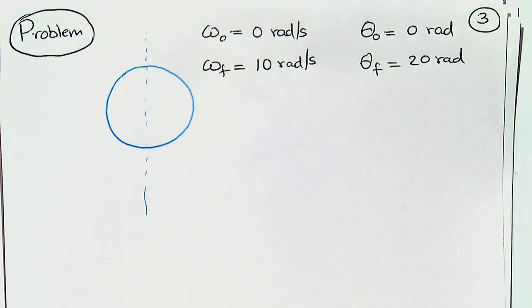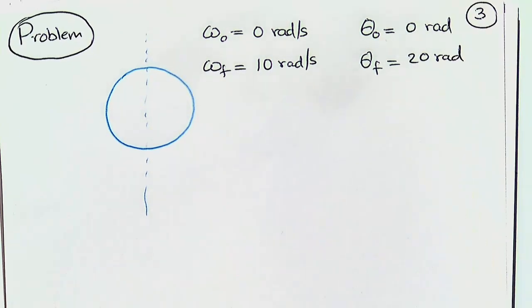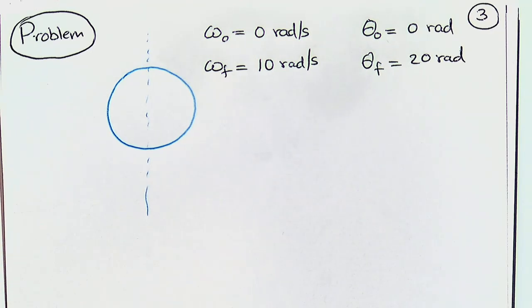We're asked to find the acceleration of this. So it's going from not spinning to spinning, and it does it over a certain angular position. What is the acceleration? That's what we're told to find.